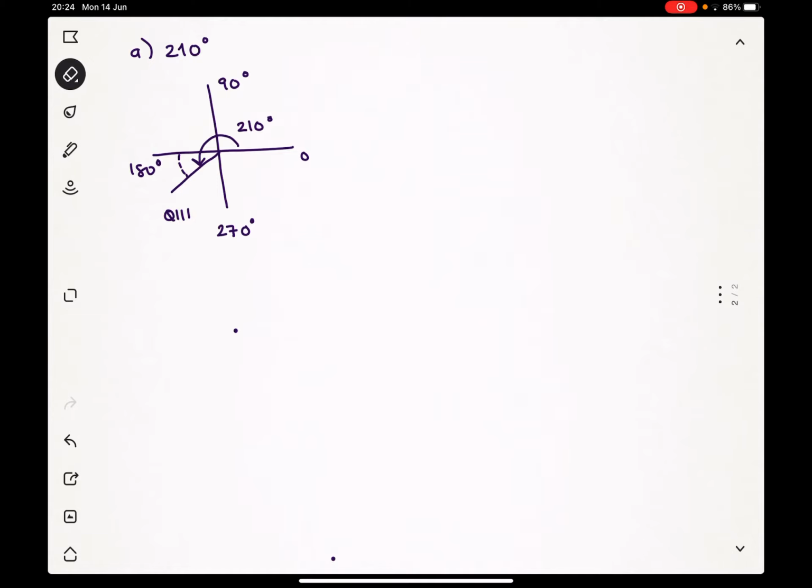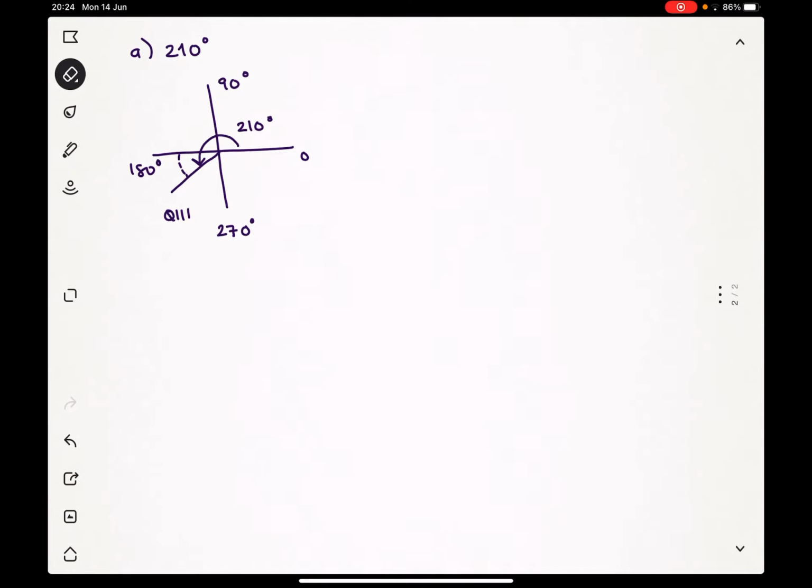So first of all, I want to identify, so I have 0, 90, 180, and 270. So if I have 210, that means that I'm over here, right? So this angle is going to be 210. So this one is in quadrant 3, right? So my reference angle is going to be this one right here.